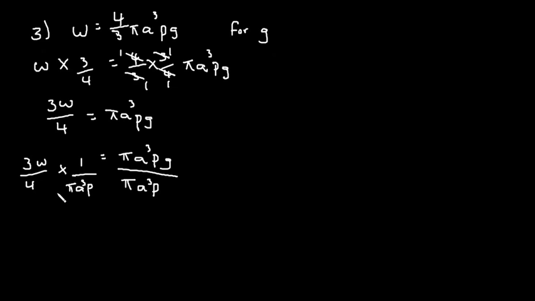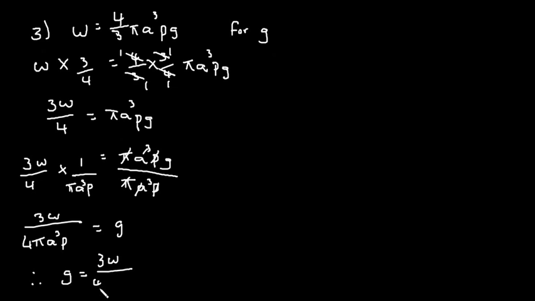What will the result be? 3W multiplied by 1 will give us 3W divided by 4 pi a cubed rho, equal to, the pi, the a cubed, and the rho will cancel, and this is equal to g. Therefore, the answer is g is equal to 3W divided by 4 pi a cubed rho.